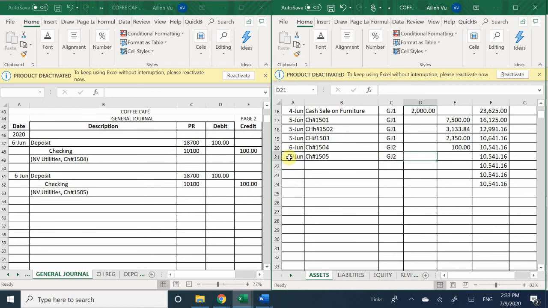And we knew that we wrote a check, so it's going to decrease our checking by 100. So what is my new balance in my checking account? 10,441, because we subtracted another $100.